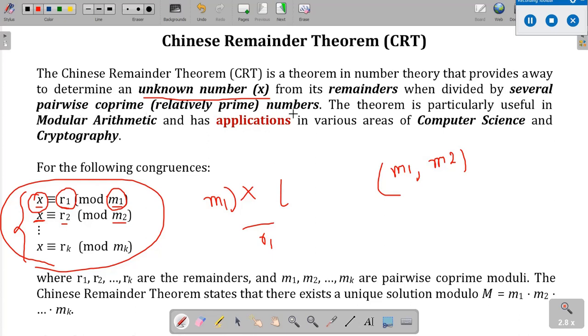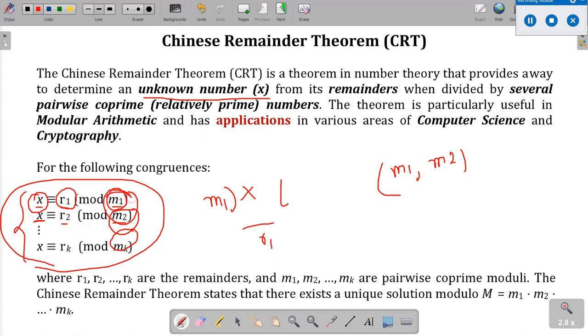Pairwise co-prime, I mean m1 m2 is the first co-prime pair, then m2 m3 will be the second, then m3 m4 and so on will be co-prime. Similarly, m2 to m3 must be co-prime.